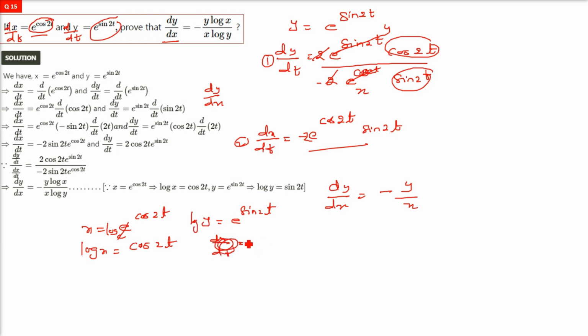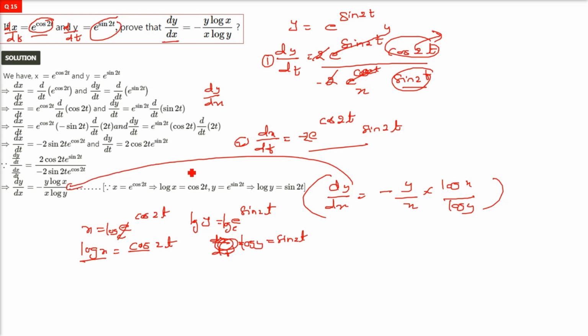So this log e base cancels out, and then there will be only sin 2t. So sin 2t will be log y. So in place of cos 2t, we are going to put log x. Similarly, for sin 2t, we will place log y. Alright. So if you see this is your answer. This one and this one.